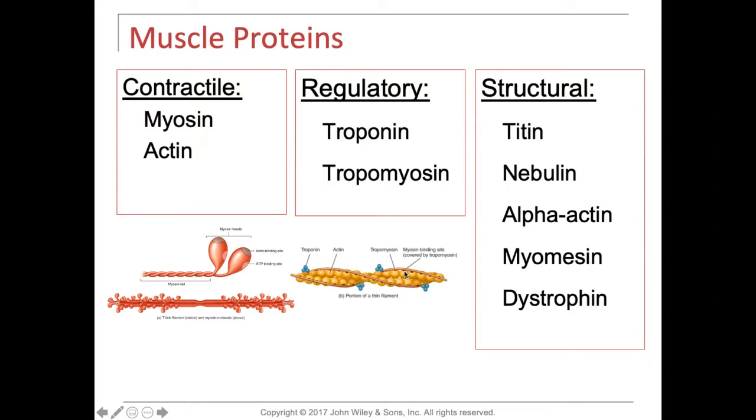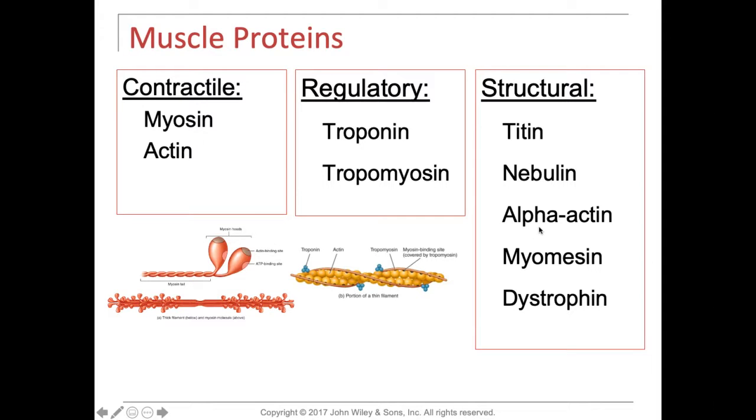Now, the myosin binding site is on actin, and the myosin binding site is waiting for myosin to articulate or attach to it, but it has to be fully exposed. So in this particular instance, since the binding sites are covered, there's not going to be any connection between myosin and actin. Okay, just want to lay down some groundwork there for you.